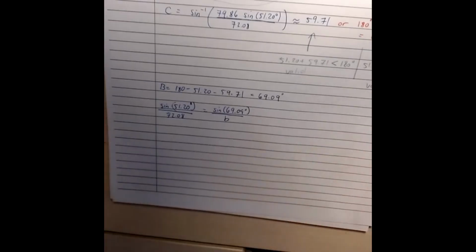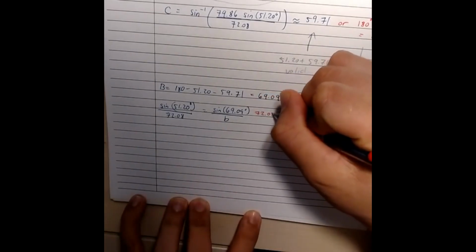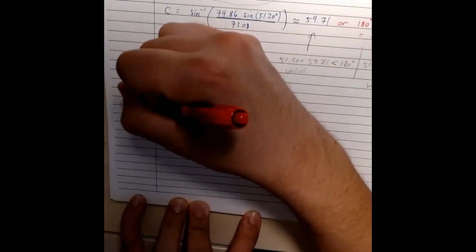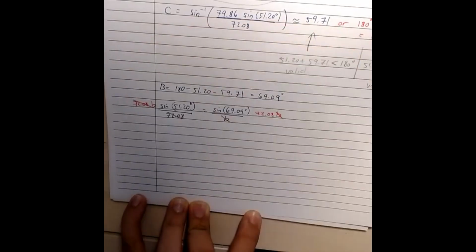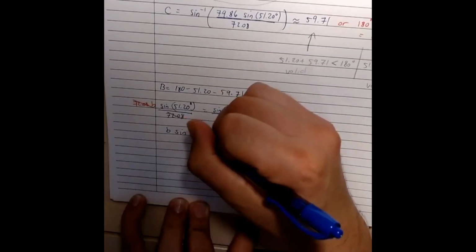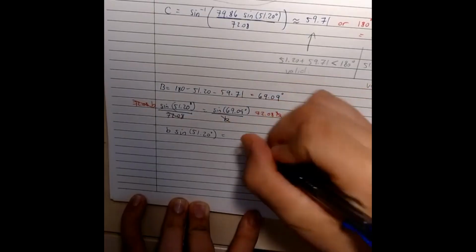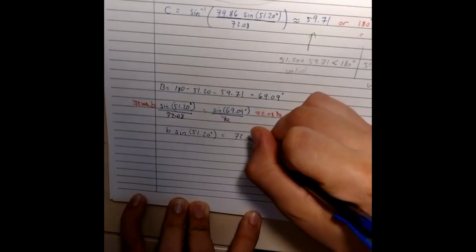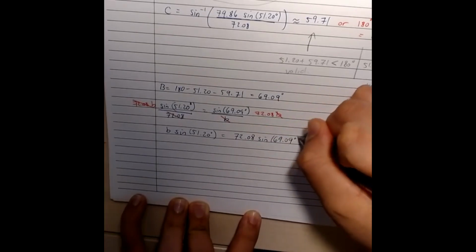So now we can go ahead and solve for B. If we multiply on both sides by our common denominator, 72.08b, and same thing over here, 72.08b, these numbers divide away, and we're left with b times the sine of 51.20 degrees equals 72.08 times the sine of 69.09 degrees.